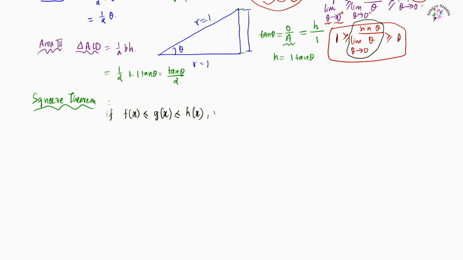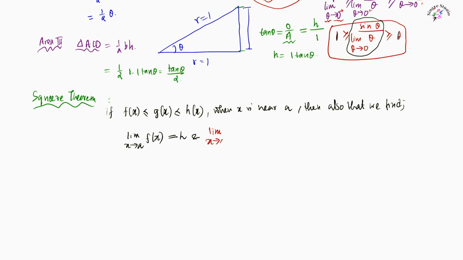Then when x is near a, which means x is approaching the value a, if we find the limit as x approaches a of f of x is equal to L, and the limit as x approaches a of h of x also is equal to L, then the limit as x approaches a of g of x should be equal to L. Okay, because you can see that it is sandwiched between h of x and f of x, right?